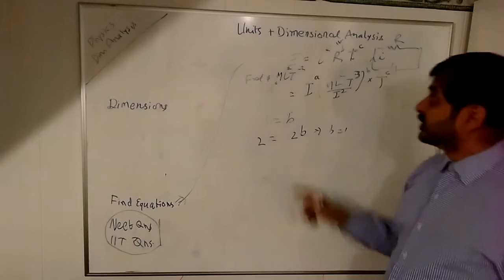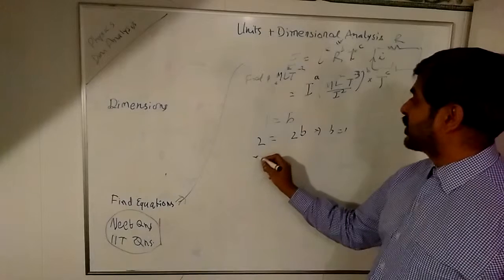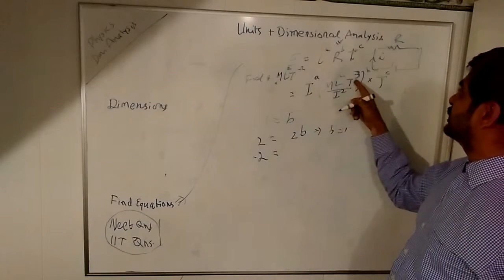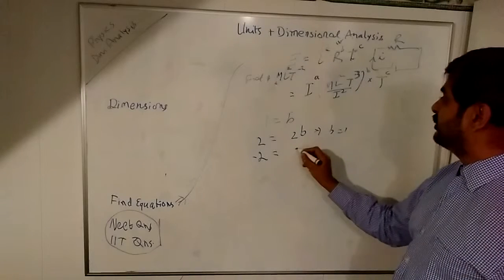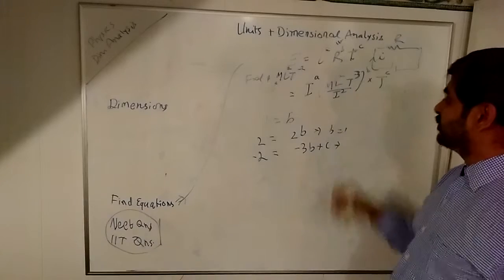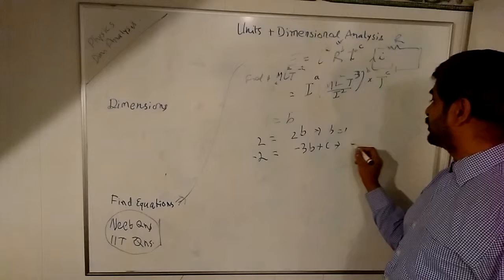The next thing we'll do is t. So t to the power of minus 2 here is equal to t to the power of minus 3b plus c. This implies b is equal to 1, so minus 3 goes here, 3 minus 2, this implies c is equal to 1.